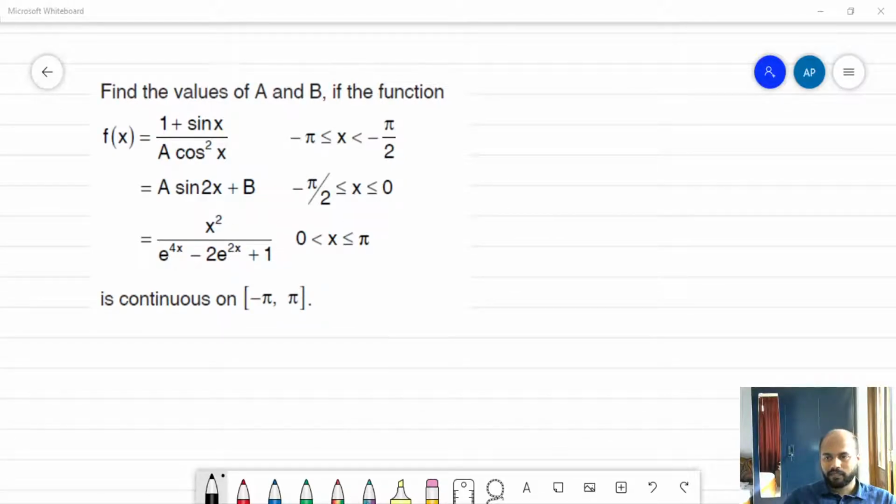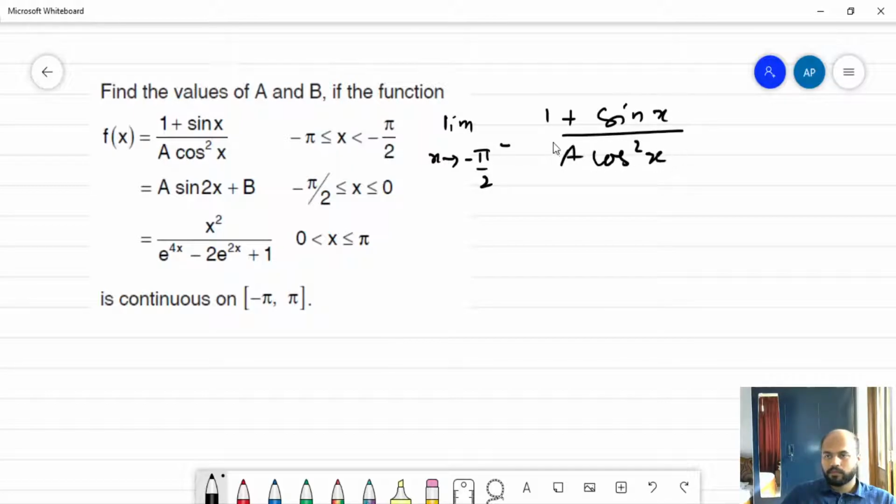Now let's take up this continuity problem. You can clearly see that the function is continuous, and we have to find the values of a and b. So first I'm going to find the limit as x tends to minus pi by 2 from the negative side, that is the left hand side, and it should be 1 plus sin x by a cos square x. So we are going to put x as minus pi by 2 minus h.